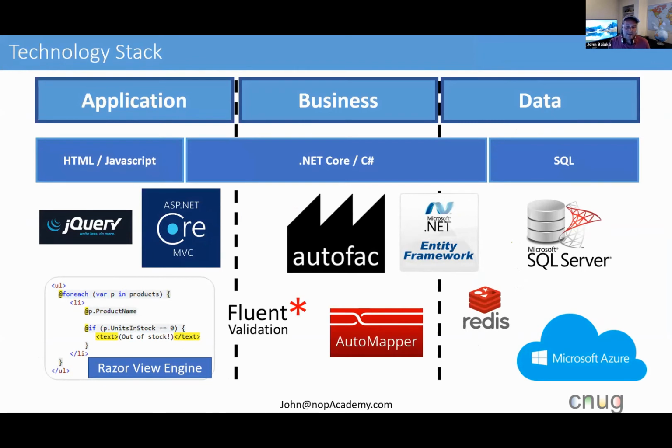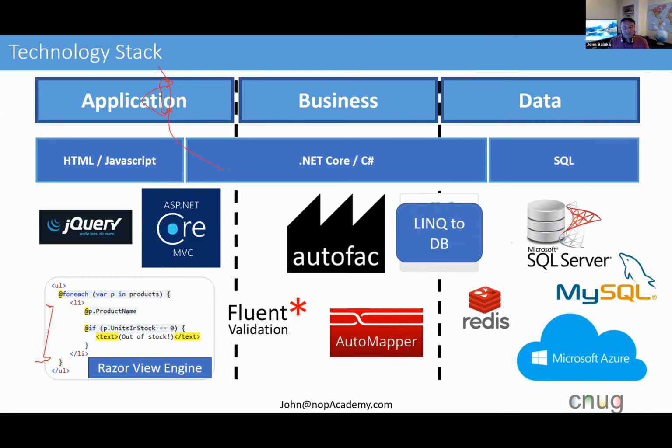In 4.3, they decided to take out Entity Framework and implement LINQ to DB, which was an ORM I was not familiar with when I saw this change. Some people might argue Entity Framework is good enough on performance, but they found that LINQ to DB was better for performance, and that it was best to utilize it for MySQL.